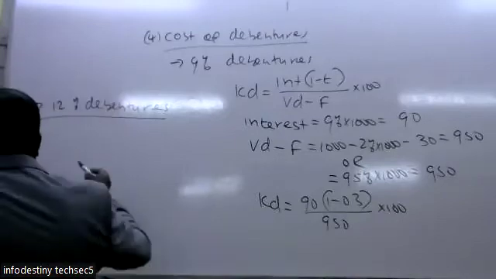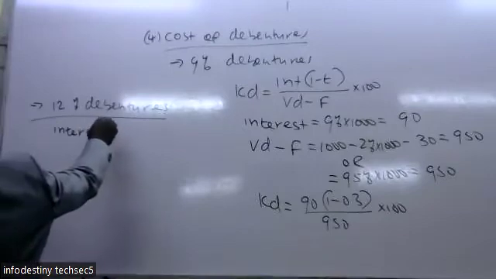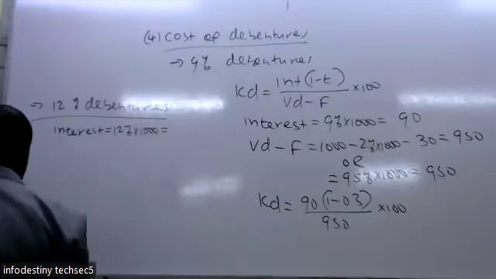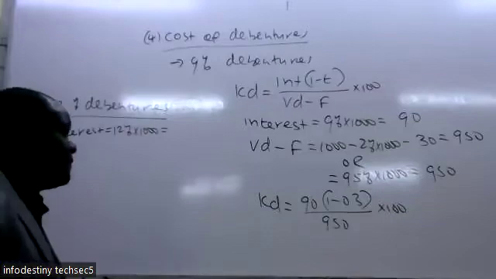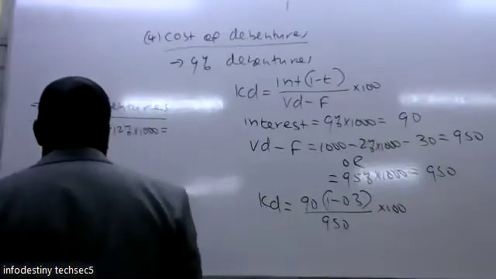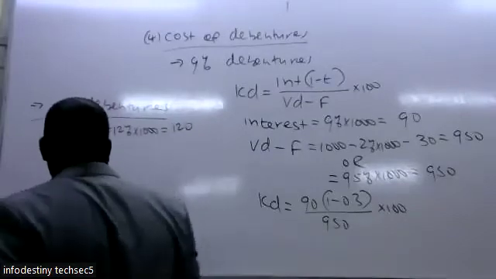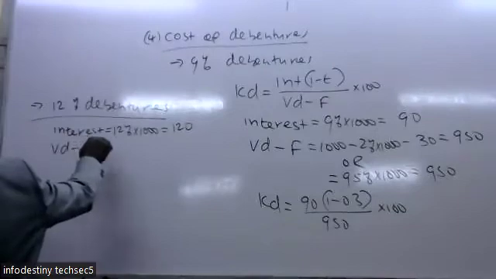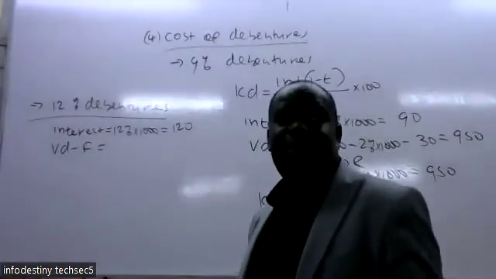Interest will be 12% of the par value, which is 120. Then this other one was issued at a net proceed of what percent? 90%.